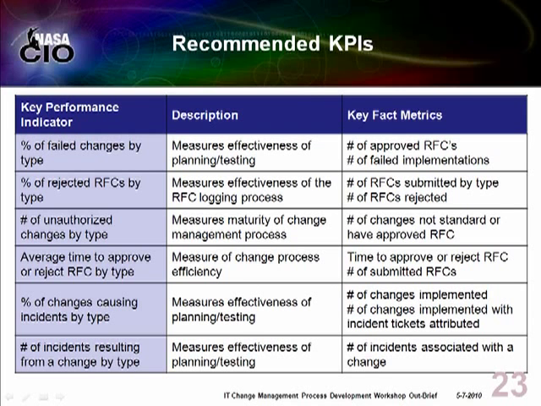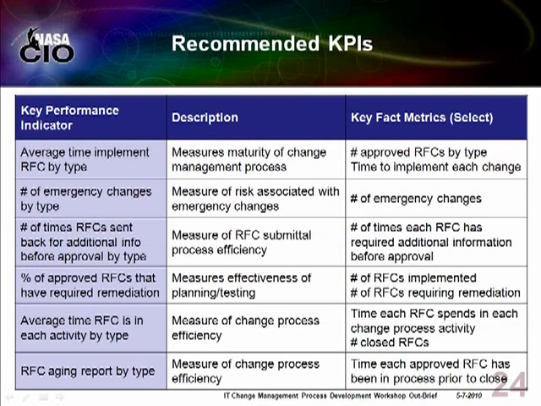So you're going to see things like percentage or number of emergency changes by type. Well, that's a pretty telling indicator of how much chop we have to do on a regular basis. If we look at aging reports by type, the time it takes to approve the request for a change, that's a pretty telling indicator.